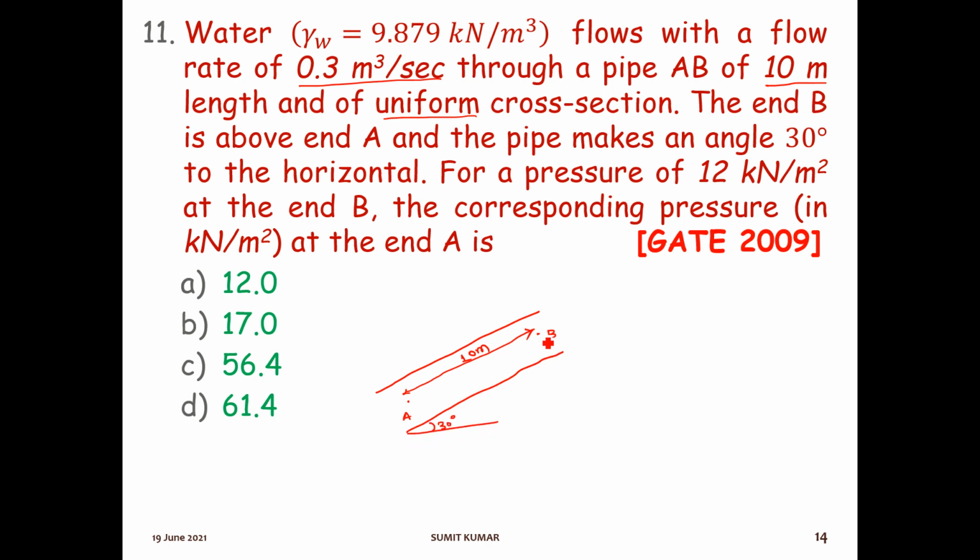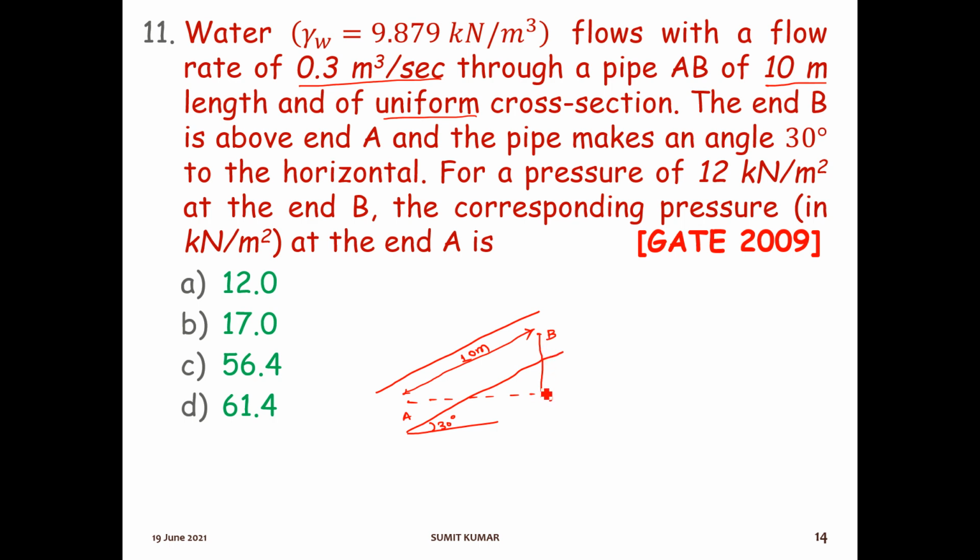First of all, we can compute the elevation distance. Suppose this is O. If we take OA as a datum line or reference line, then the datum head of B with respect to OA is this length OB.